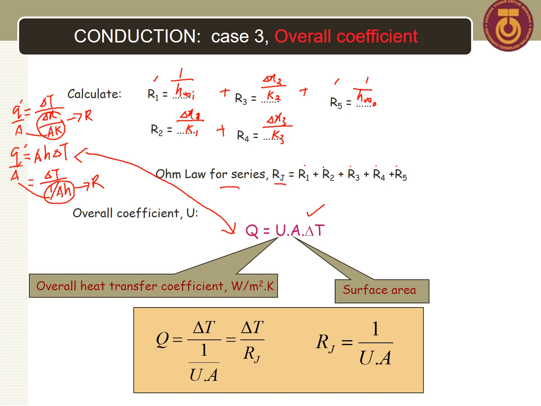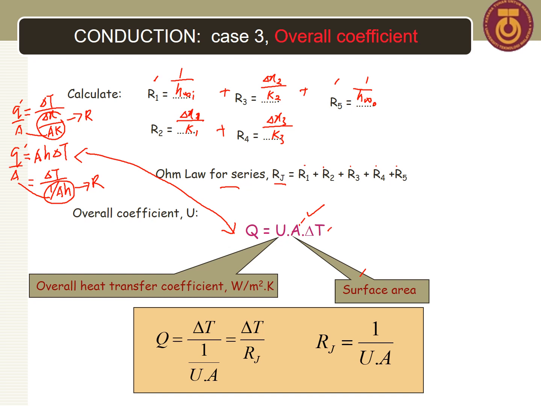But here, because the heat transfer involves more than one mechanism, to differentiate that we use a capital Q. And A is the surface area exposed, meaning the surface area involved in heat transfer. Then delta T, of course, is the temperature difference.